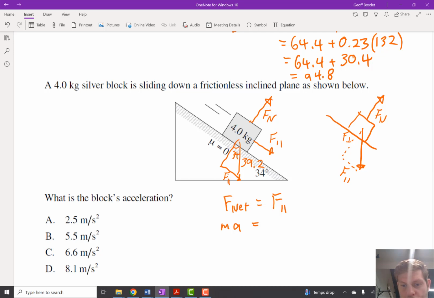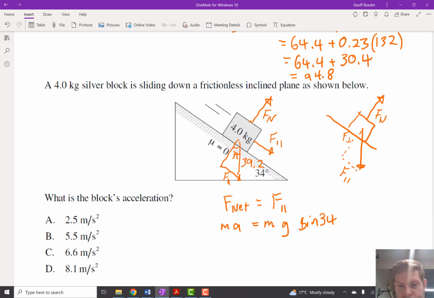And remember, gravity is my hypotenuse, so that would equal 39.2, my force of gravity, times sine 34. Oh, I could have made it even easier. Why am I even doing this? I could have ignored that. Apologies. So you can do it that way, but there's a nice little trick if you write it like this.